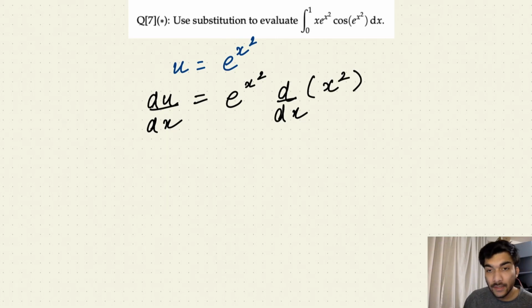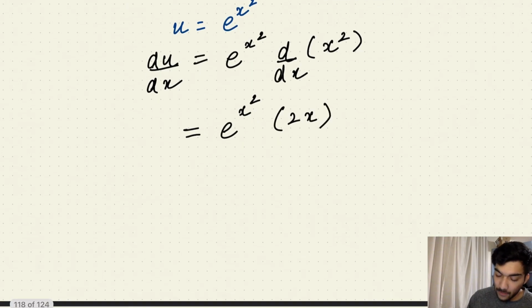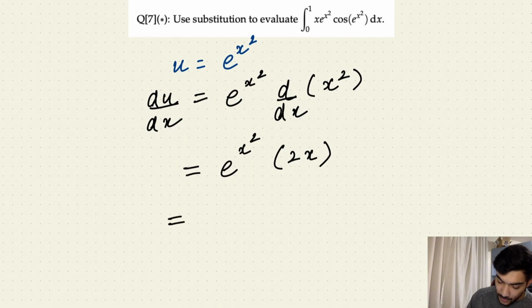Since we know the derivative of x square is 2x, e to the power x square would remain the same and be multiplied with 2x. So the final expression in this case would become 2x e to the power x square, right?